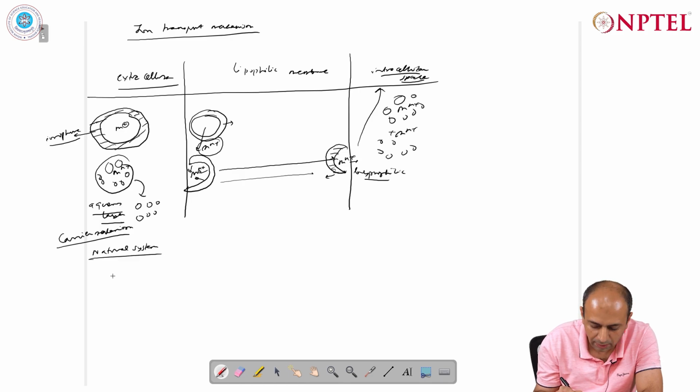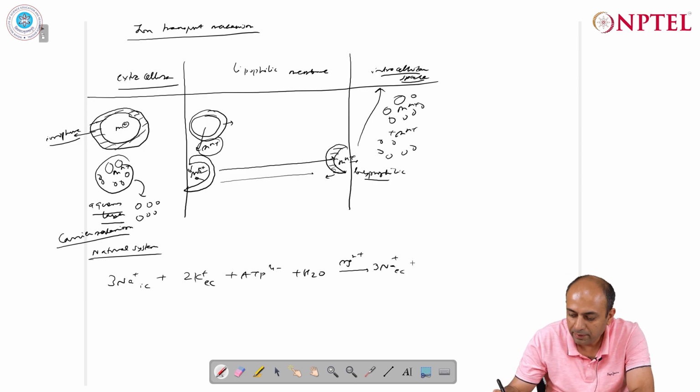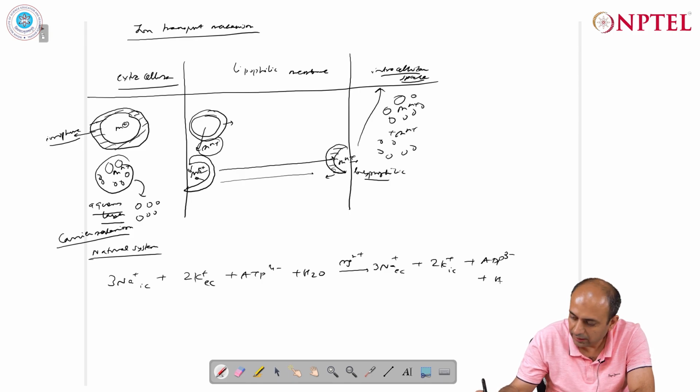system is as follows. So, we have 3 sodium ions intracellular plus 2 potassium ions extracellular plus ATP 4 minus plus water, in the presence of magnesium, taking 3 sodium ions to the extracellular and 2 potassium ions to the intracellular, plus now releasing ADP 3 minus plus HPO4 2 minus plus H plus.